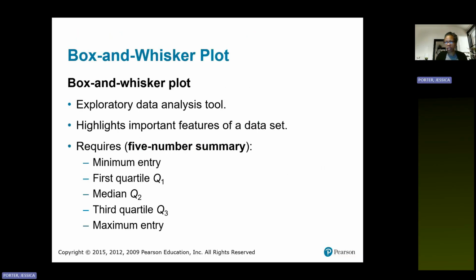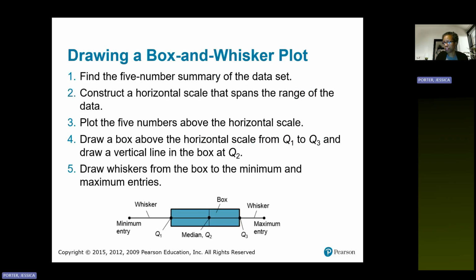We have what is called a box and whiskers plot. And you may have seen one of these before. See at the bottom? Your minimum data point is going to be a whisker at the end of the whisker. Quartile 1 is going to be the start of the box. The median is going to be within the box.